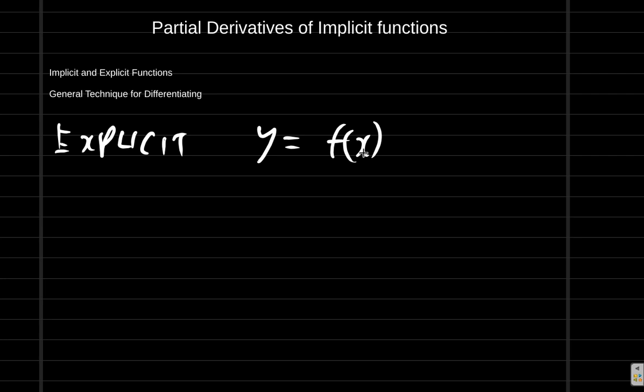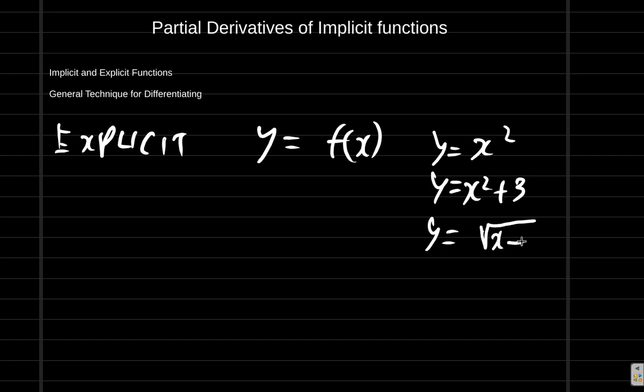So the dependent variable is isolated, and it's much easier and more straightforward. Example, you might have y is equal to x squared. It could be y equals x squared plus 3, right? y equals square root of x minus 1, things like those. Those are explicit functions.